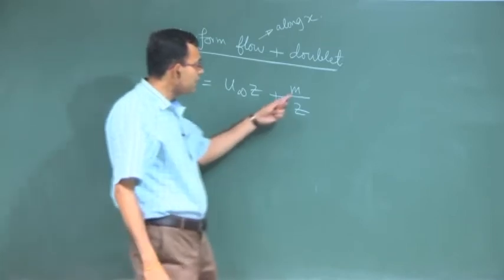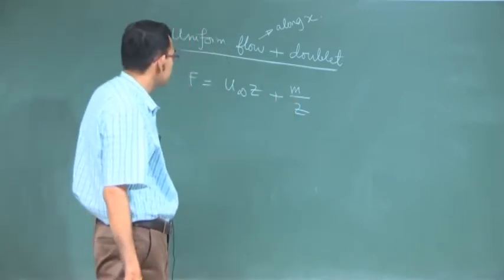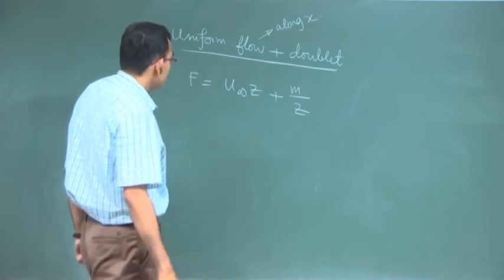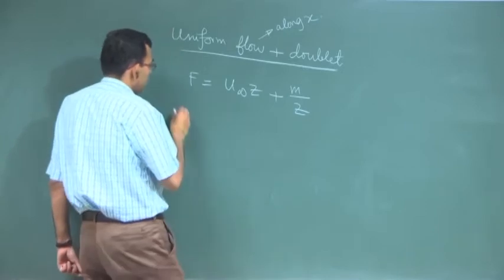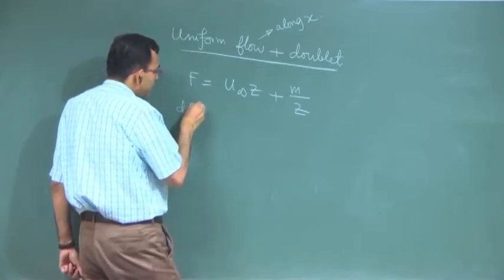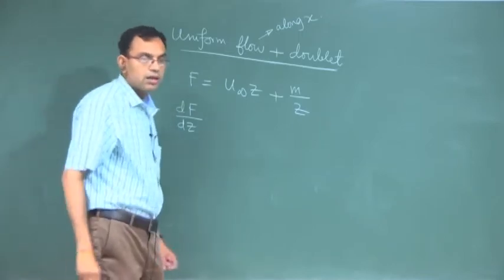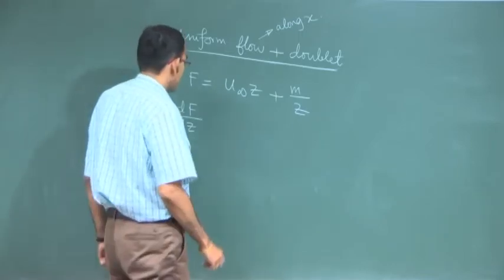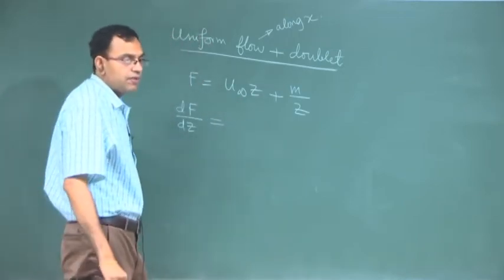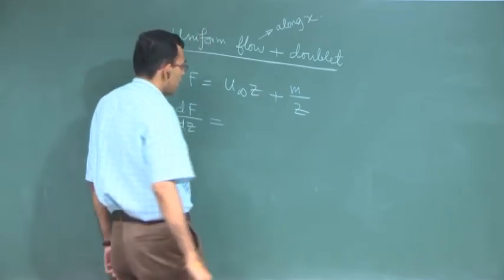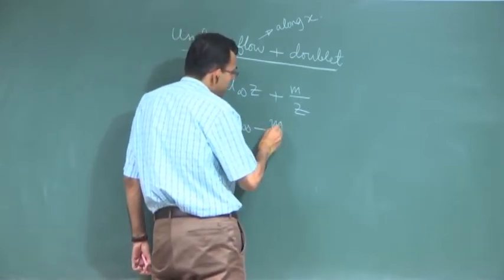This parameter we are keeping open at this stage. So, if this be F, then dF/dz is what? dF/dz is u infinity minus m by z square.